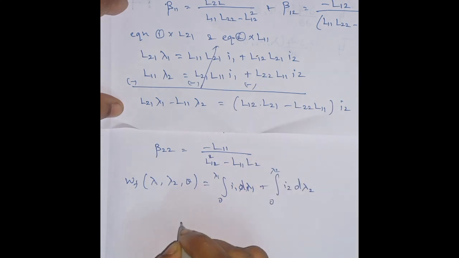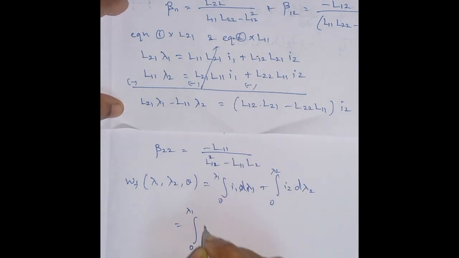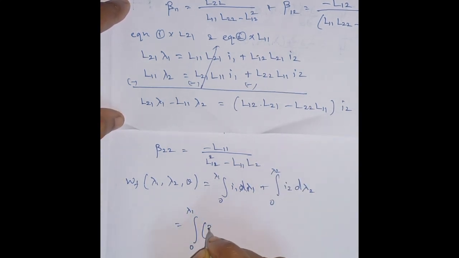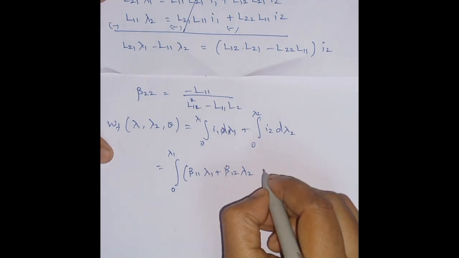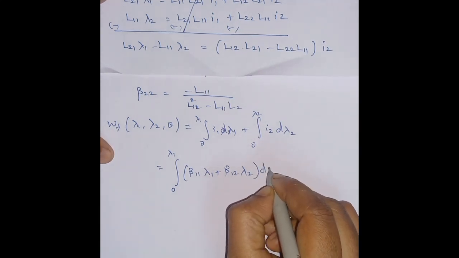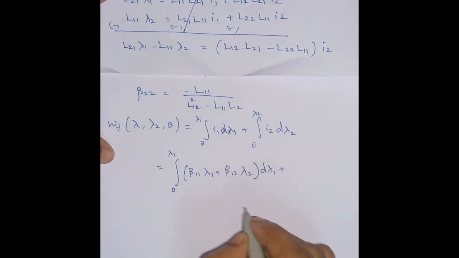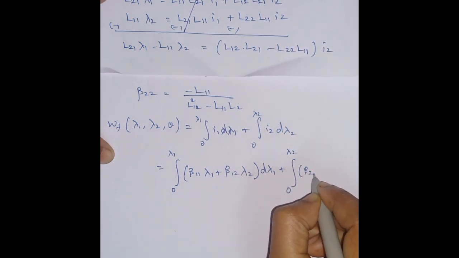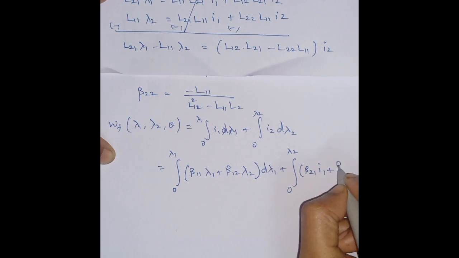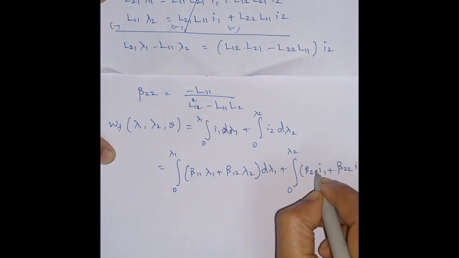I1 is nothing but beta 11 lambda 1 plus beta 12 lambda 2, into d lambda 1, plus I2, whose value is beta 21 lambda 1 plus beta 22 lambda 2, d lambda 2.